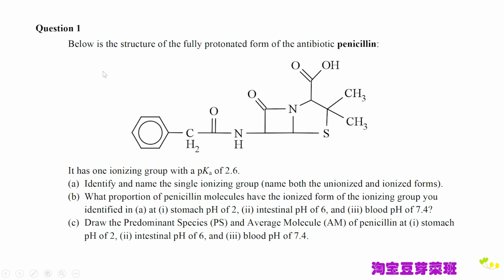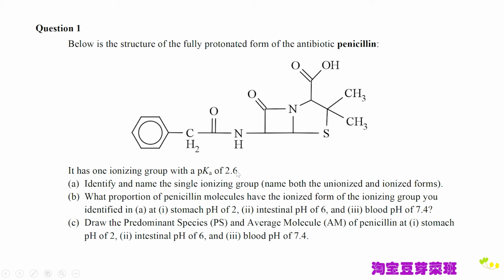Okay, and let's look at question 1. Below is the structure of the fully protonated form of the antibiotic penicillin. It has one ionizing group with a pKa of 2.6. Identify and name the single ionizing group. Name both the unionized and ionized forms. According to the problem, the pKa is 2.6, which means the pH value is smaller than 7.